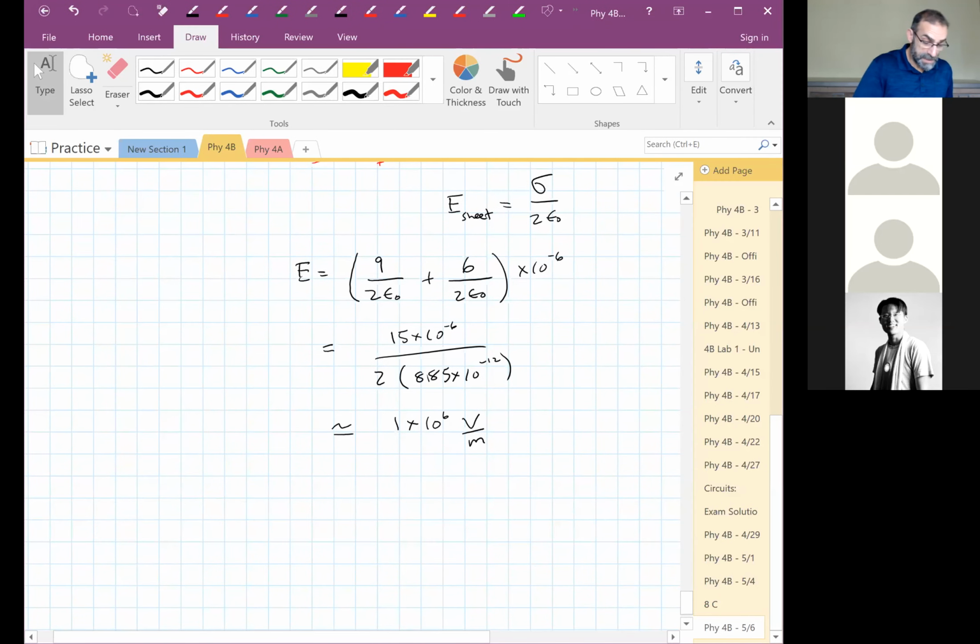All right, so now we say delta V is minus the integral of E dot ds, and E is constant everywhere in there.